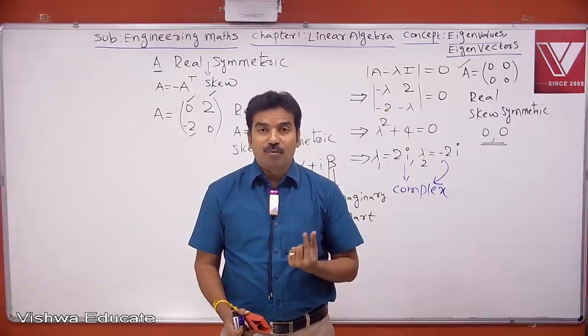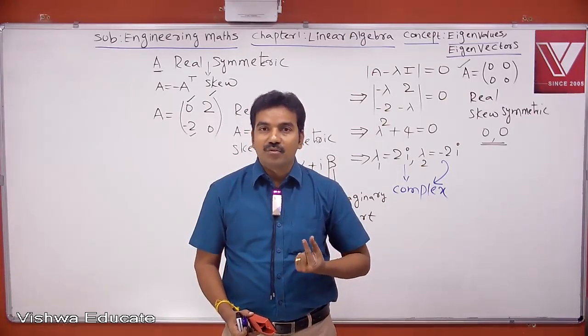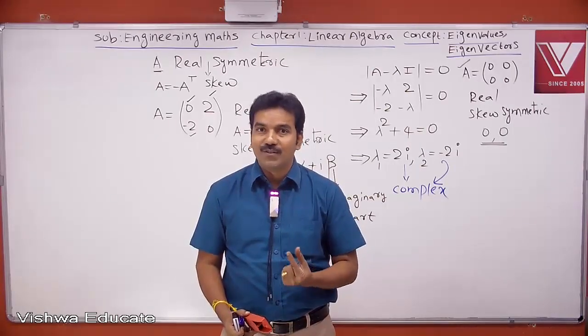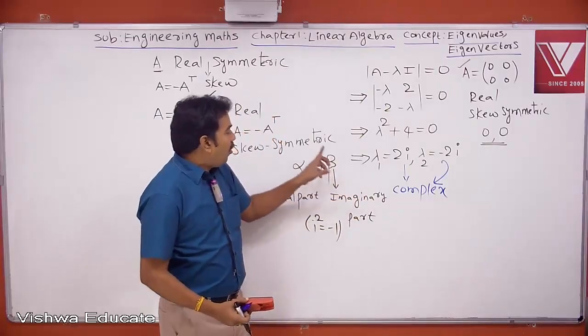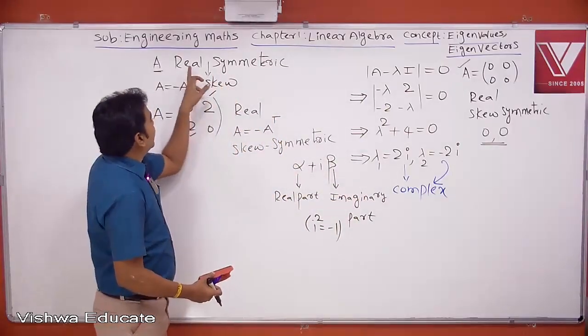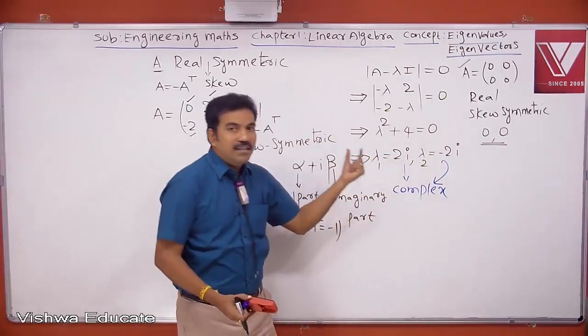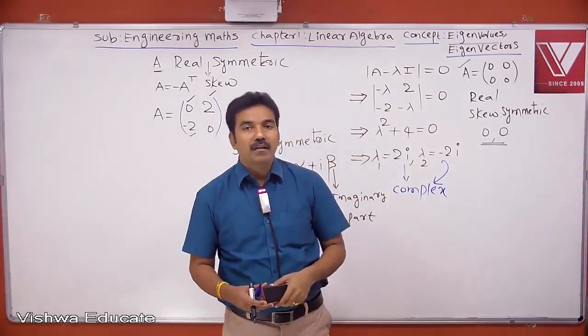That means when you combine these 2 points, the conclusion we get is, if A is a real skew symmetric matrix of odd size, it implies at least one of its eigenvalues is 0. That is one conclusion. And in this case, all eigenvalues of a real skew symmetric matrix are either 0 or purely imaginary. Note this point.